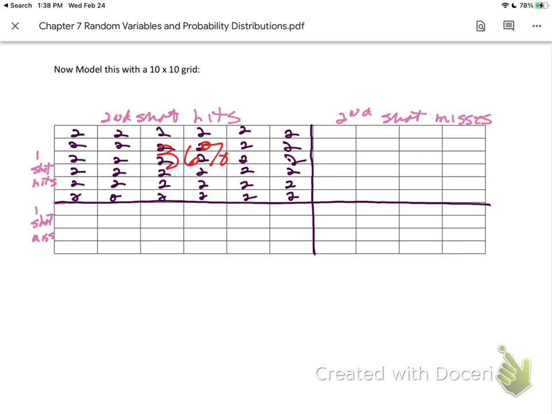Okay, what if either the first shot misses and the second shot hits, or the first shot hits and the second shot misses? That's going to give you just 1 point. So I'm filling in all of these with 1 point.